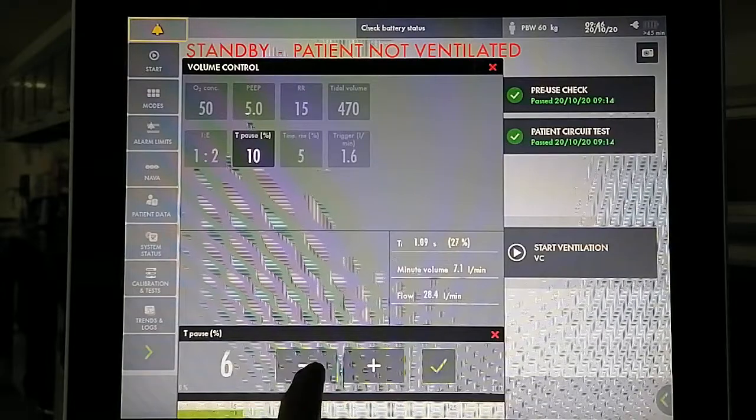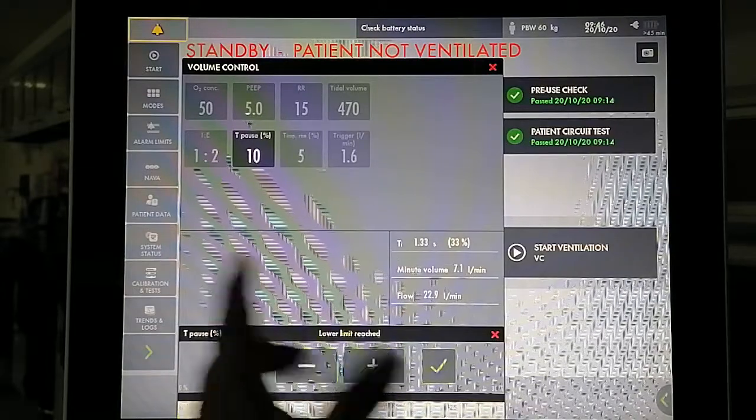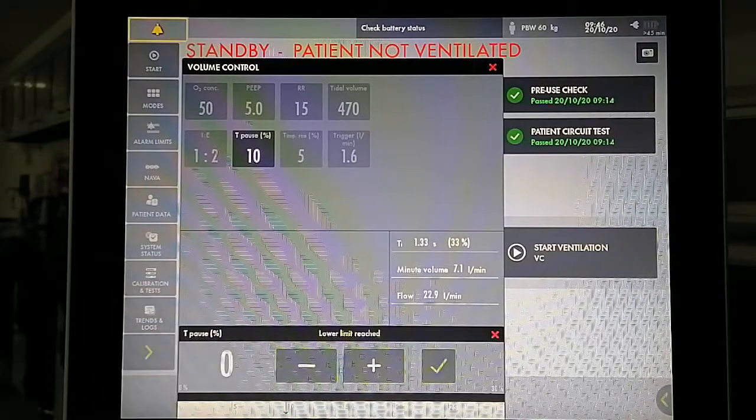So basically, if we don't want any pause, we want it at 0. As you can see here, that gives us 1.33 seconds. So it made the inspiratory time longer, and therefore your flow becomes lower.